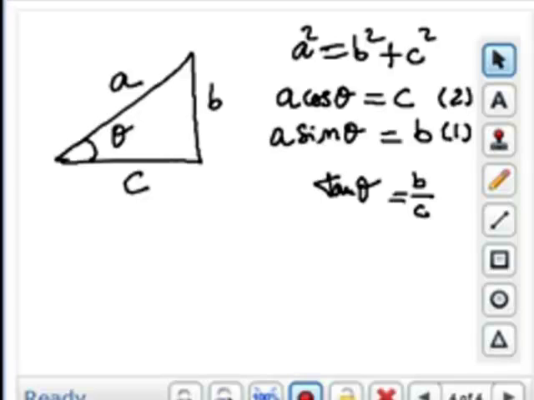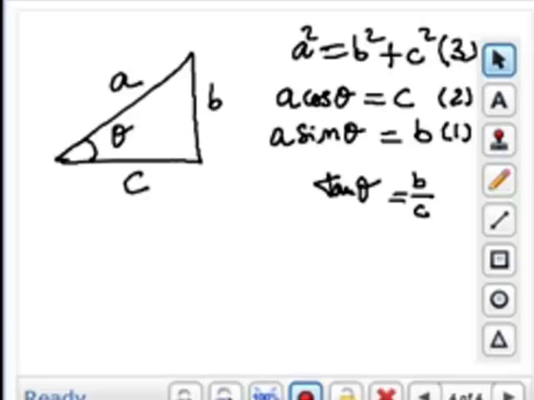Similarly, if I square equation 1 and then I square equation 2 and I decide to add them up, then I will end up with equation 3. As I square equation 1, I get B squared, and on the other side I get A squared sine squared. As I square equation 2, on the right hand side I have C squared, and on the left hand side I have A squared cosine squared.